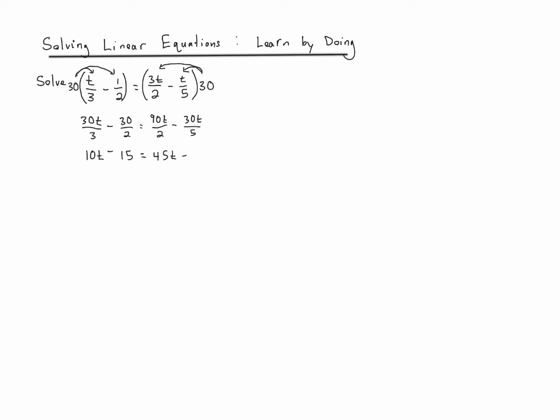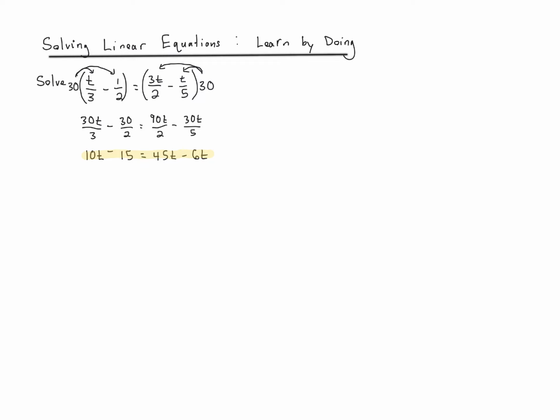We've got to divide that by 5, and 30t divided by 5 is 6t. So I just want to reiterate the benefit here of multiplying both sides by the LCD. We've now ended up with a much simpler equation that doesn't have any fractions in it. And now that we've removed the fractions, we have something that's much simpler to solve.